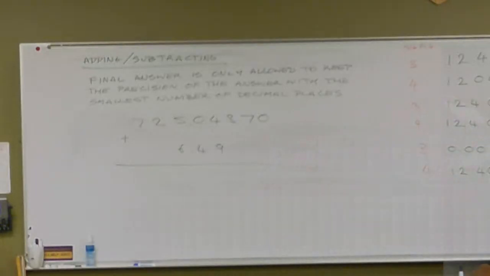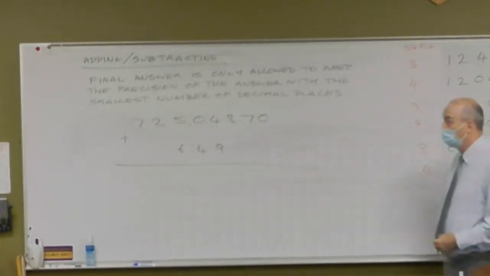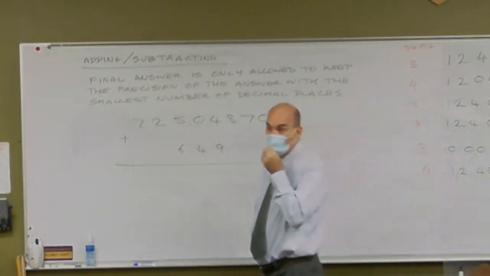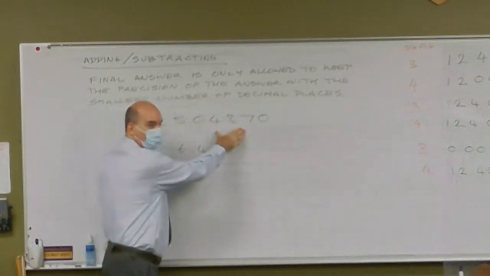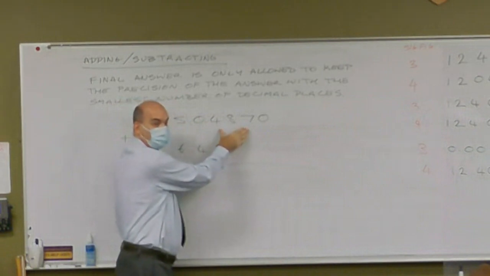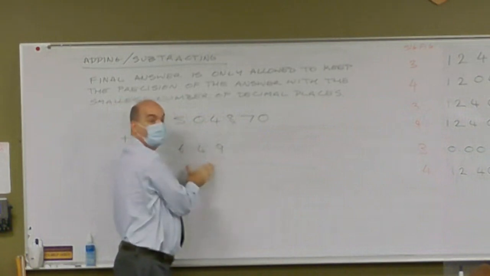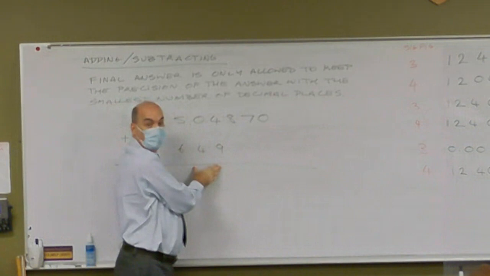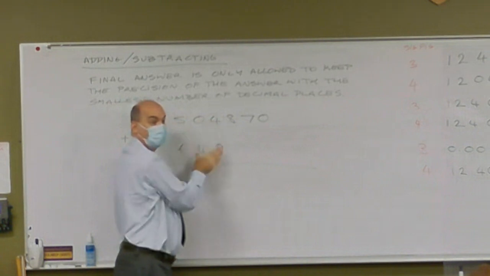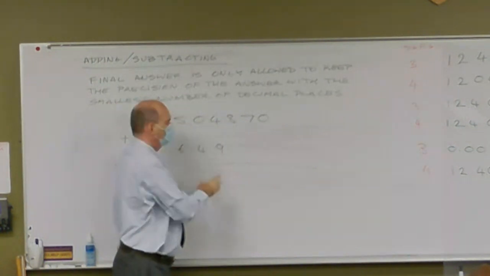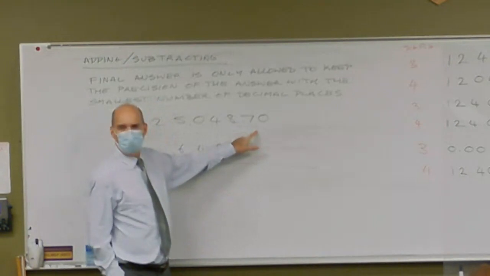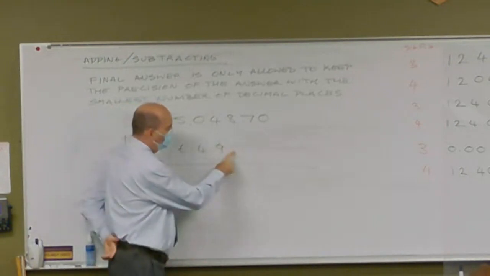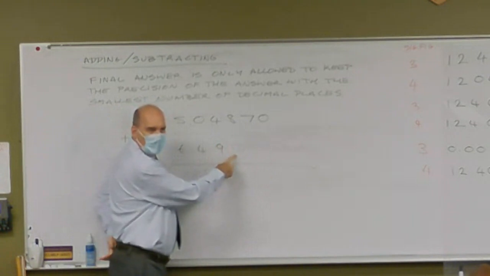If these two numbers represented masses, somebody did a really spectacular good job of measuring this mass, and somebody did an okay job of measuring this one. And when we combine these two masses together, do you think I'm allowed to keep these digits? No, because we don't know what number belongs here.